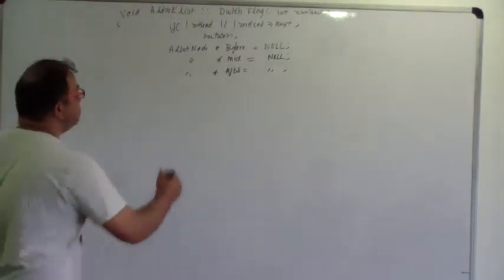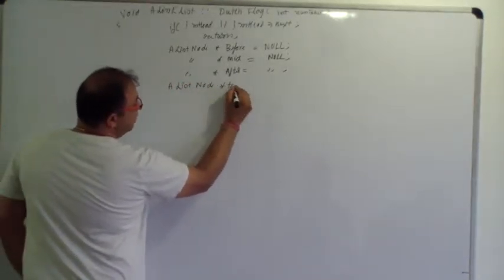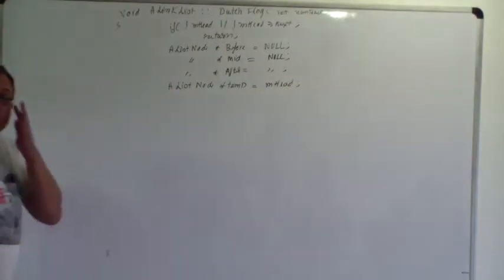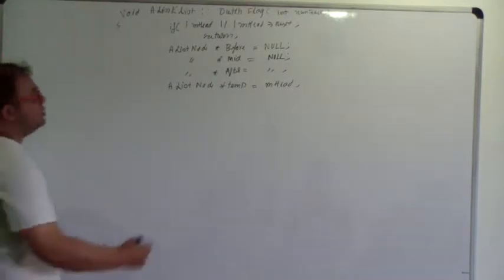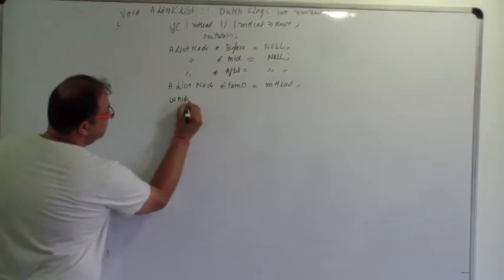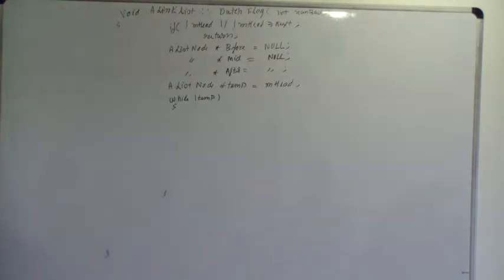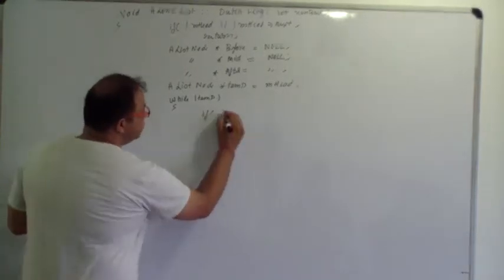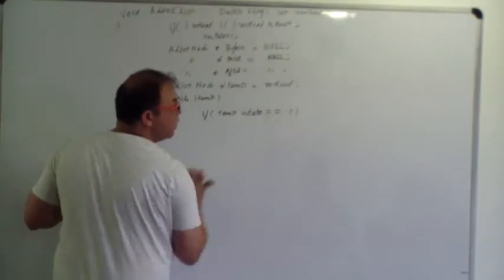Then we need to take a temporary node which will point to head. A list node star temp is equal to m head. Okay. Now we have to go through the loop and break the nodes. So we'll do while temp exists. While temp exists, what we will do is we'll check if temp arrow data is equal to 1.